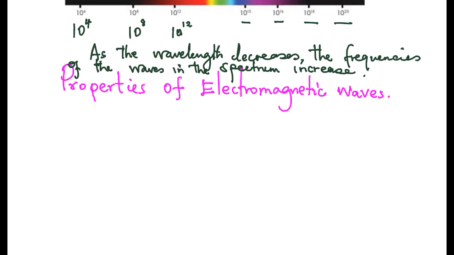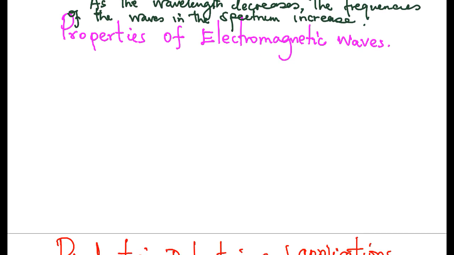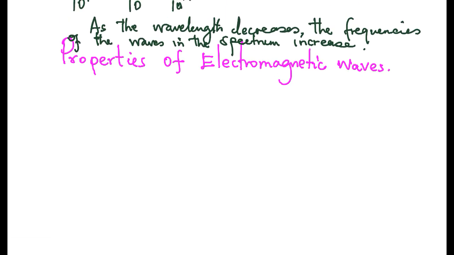Properties of electromagnetic waves. Some waves have varying wavelengths and effects.